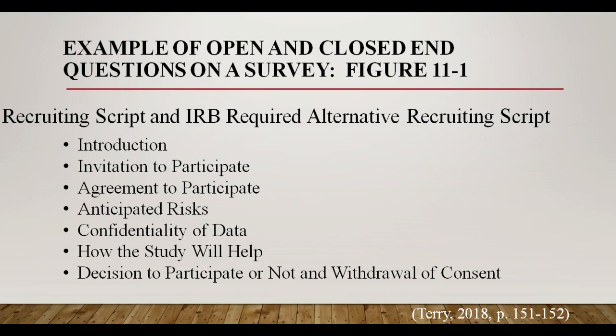Figure 11-1 on pages 148 to 152 in Terry Chapter 11 provides an example of a full survey with open and close-ended questions, including a recruiting script and an IRB-required alternative recruiting script. This example will serve as a guideline as we create our surveys for our advanced projects.